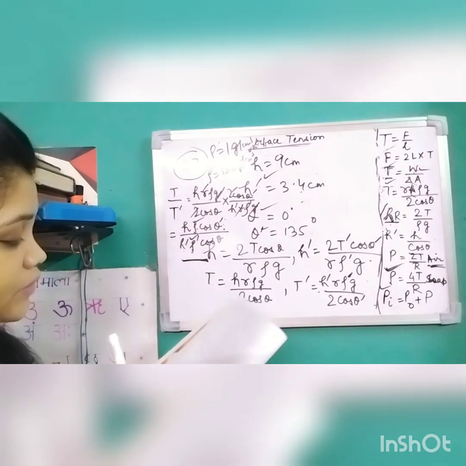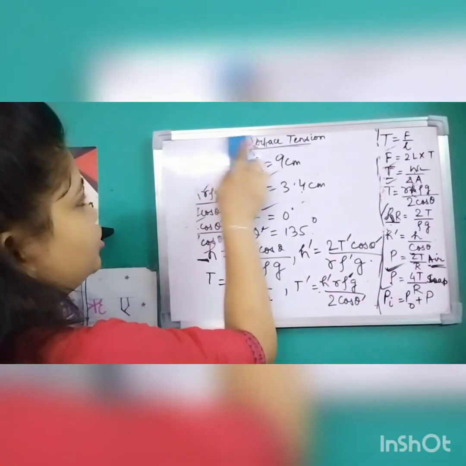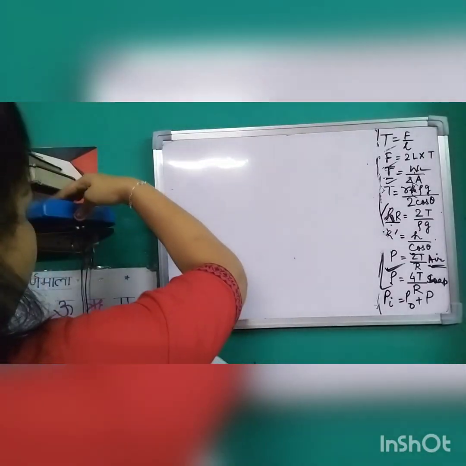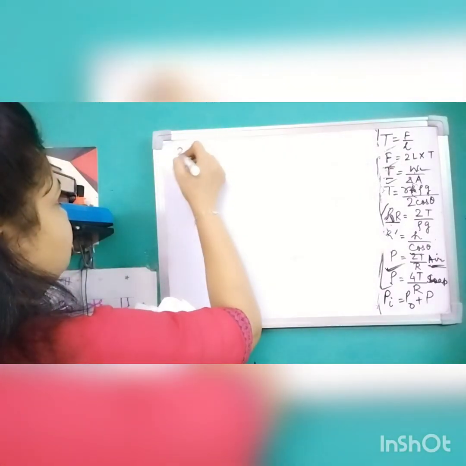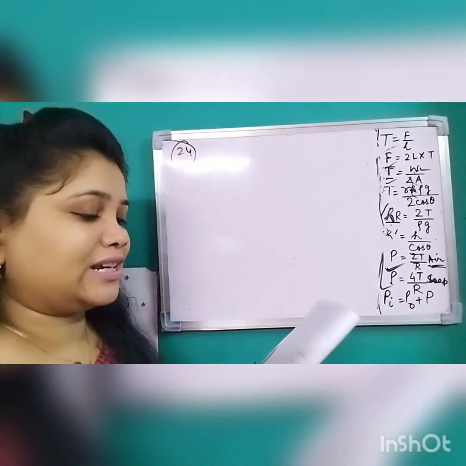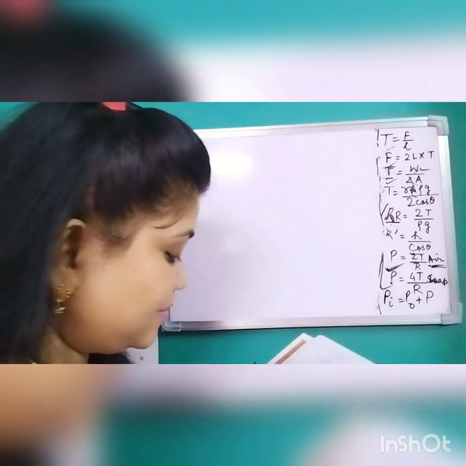Now after this, let us go to sum number 24, because 24 is also a different type of sum. So I would also do sum number 24. It's given: water rises up to 2 centimeter in a capillary tube of length 20 centimeter.